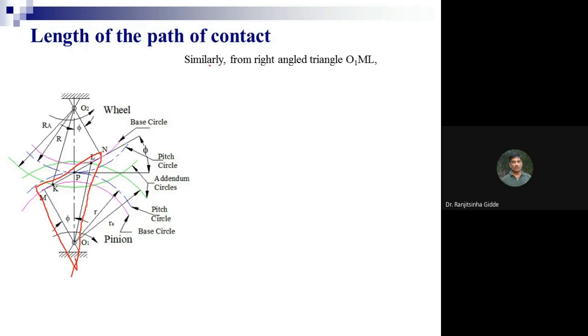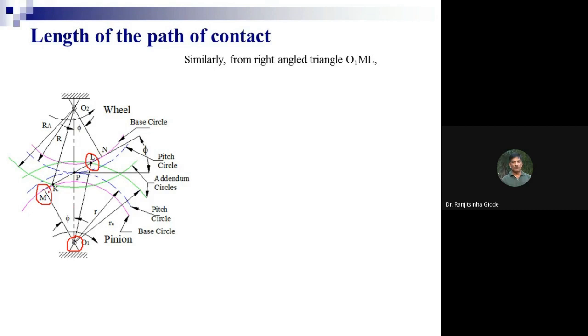Okay. Now next line you can write similarly from right angled triangle O1 M L. So here we can write the value of this ML.